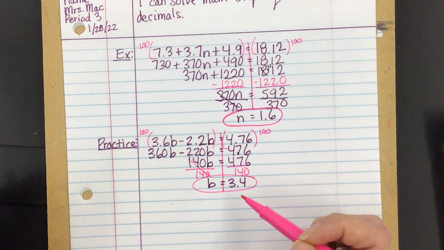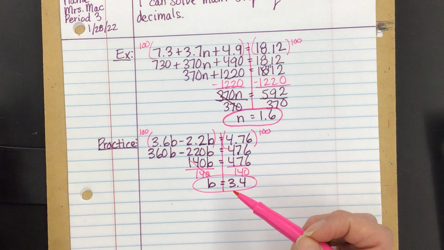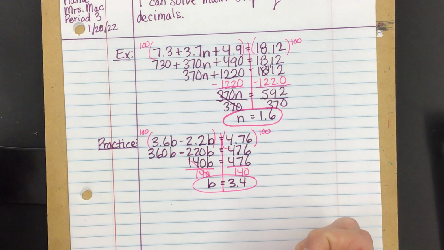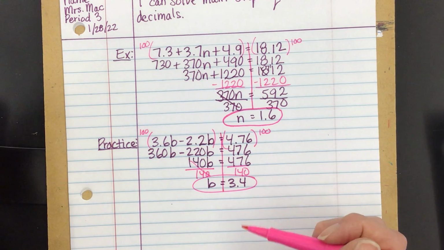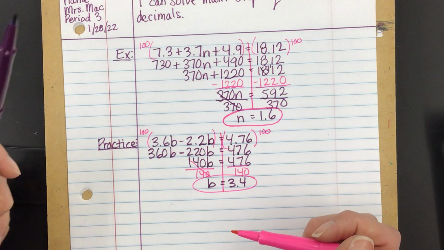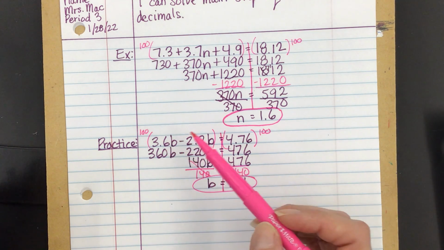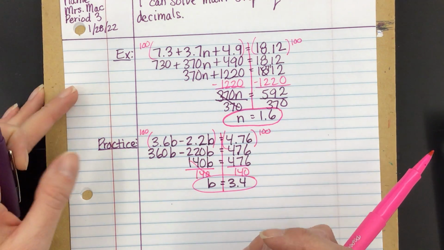Like if you were going to check your answer, if you have access to a calculator, because like I said, I don't want you to check your answer by hand because it will take forever. I mean, you can, but if you were to use a calculator, you could plug it in and simplify it and make sure it was correct.